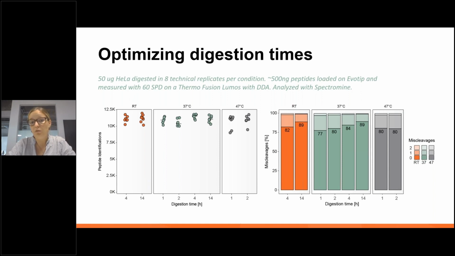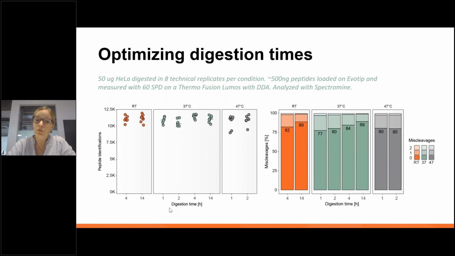It is possible to implement a heating module on the Opentrons, but we also wanted to be more flexible and see if we could avoid the heating module taking up space on the robot. So we decided to challenge this with different times, 1, 2, and 4 hours, and compared with 14 hours at 37 degrees.